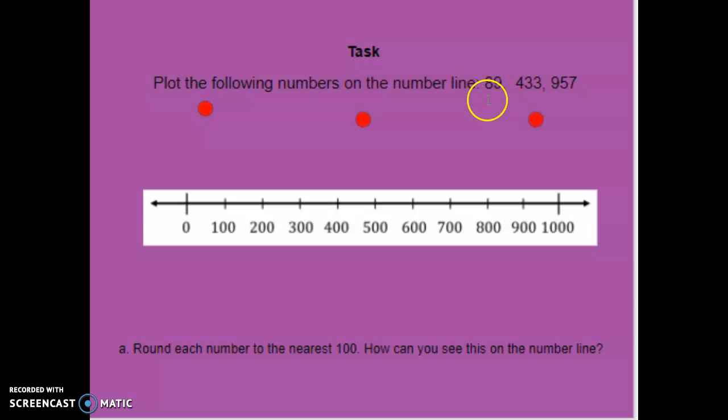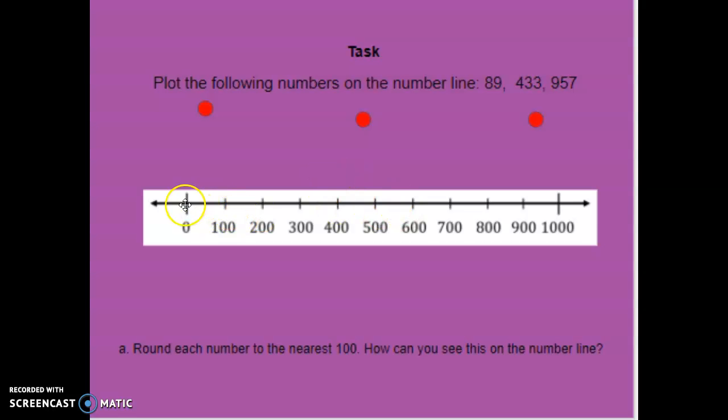So if we're looking at 89, the first question you should ask yourself is what two hundreds is 89 between? So you've got to think about, well, first of all, is it more than 100? If it's not more than 100, then we know that we're going to be looking somewhere between 0 and 100.